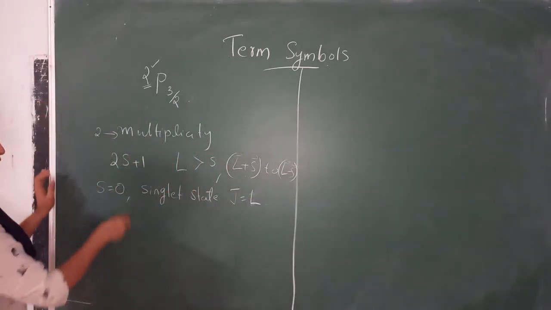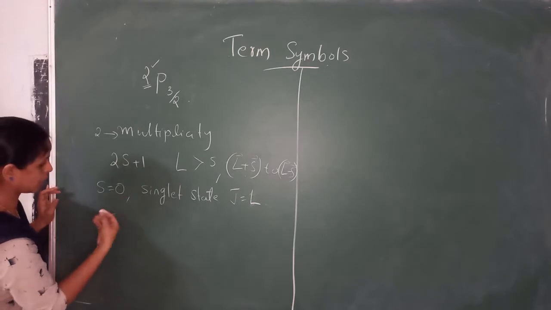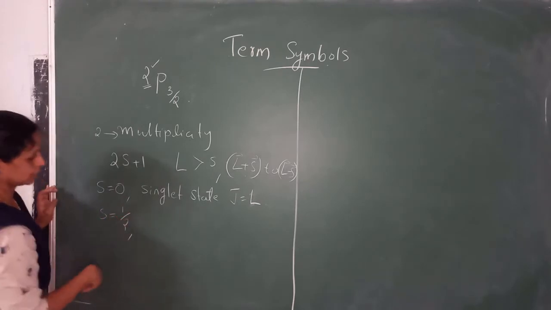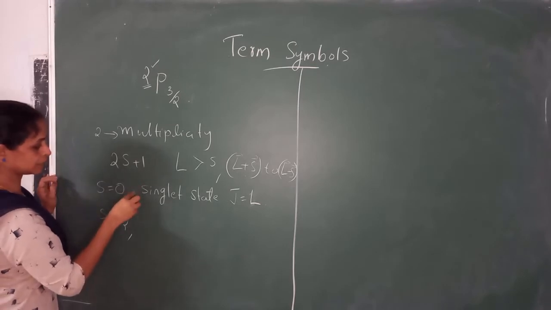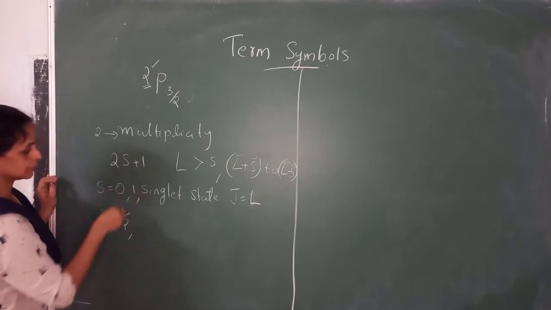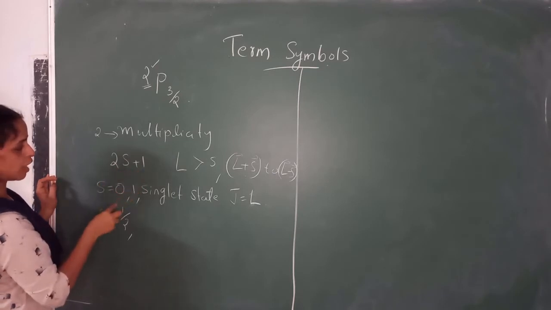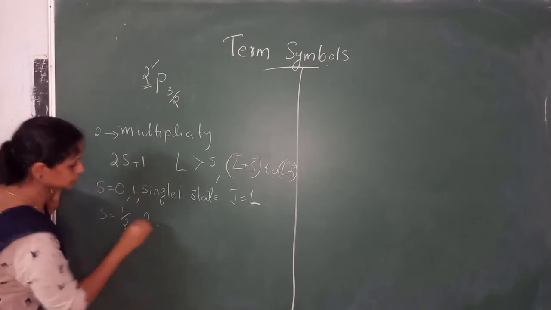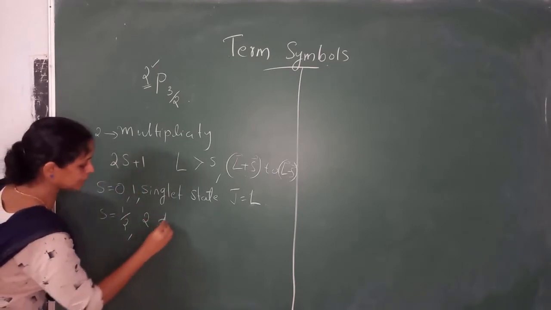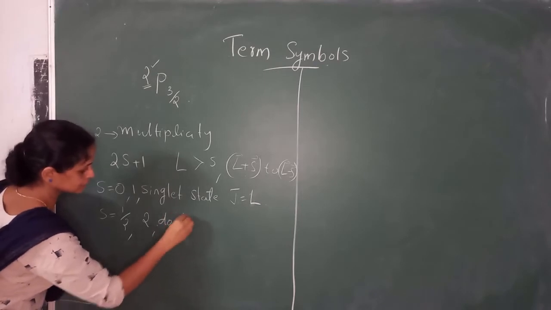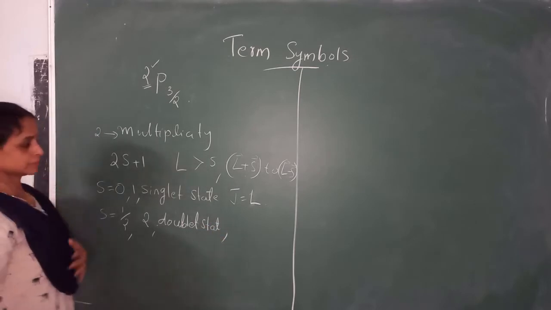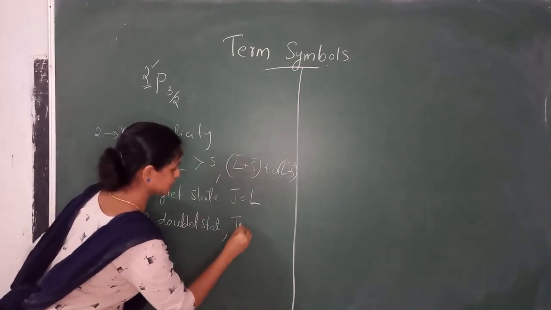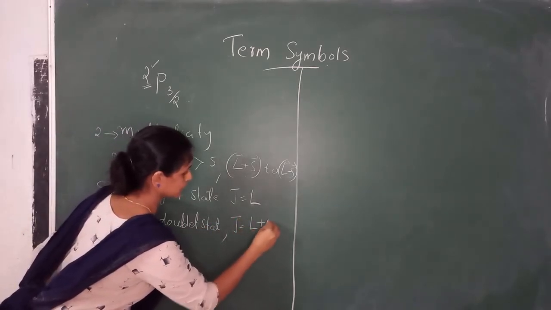When S is equal to half, the multiplicity is 2, since for S equal to 0 the multiplicity is 1. That is a doublet state. That means j is equal to L plus or minus half.